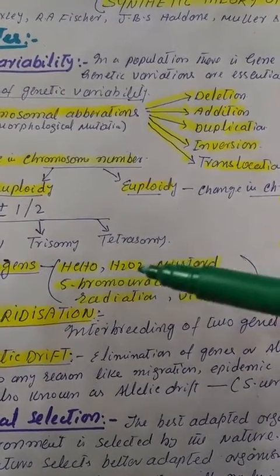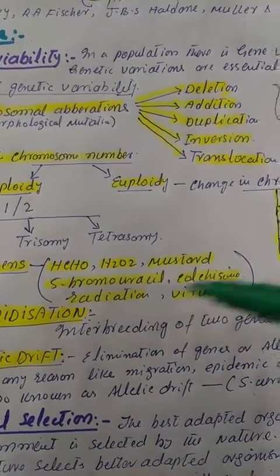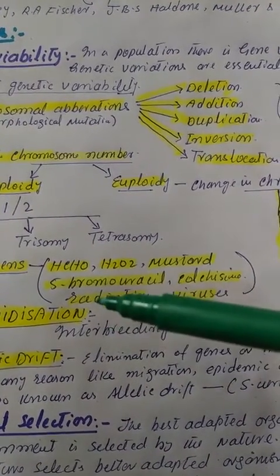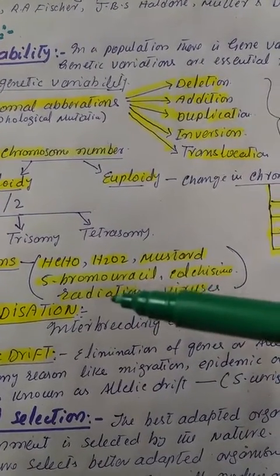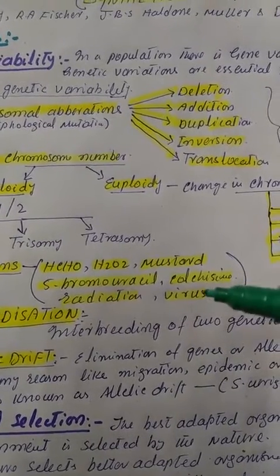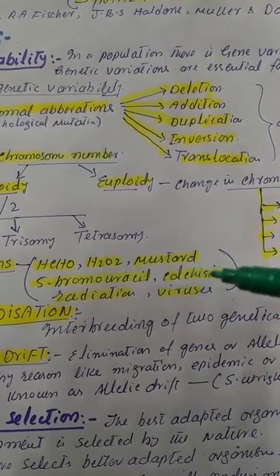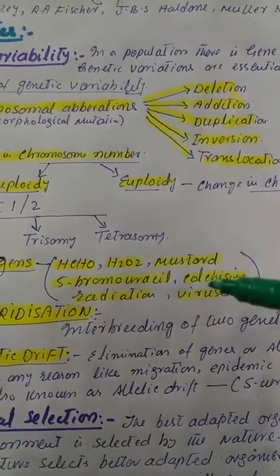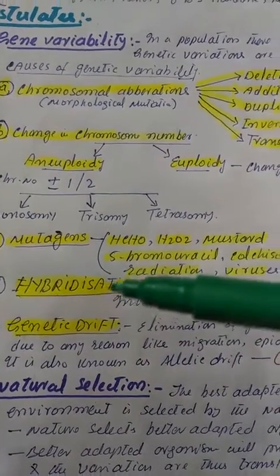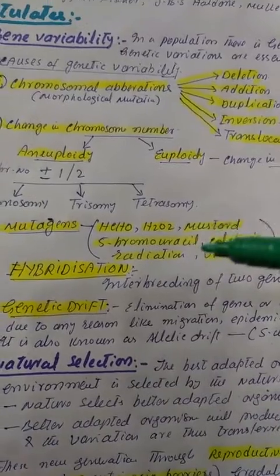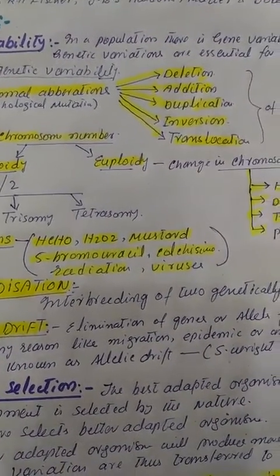Similarly, hydrogen peroxide, mustard, thiobromouracil, colchicine, radiation such as X-rays, gamma rays, etc. Or sometimes viruses also act as mutagens. That leads to genetic variability. Similarly, another cause of genetic variability is hybridization. Hybridization means interbreeding of two genetically different individuals.